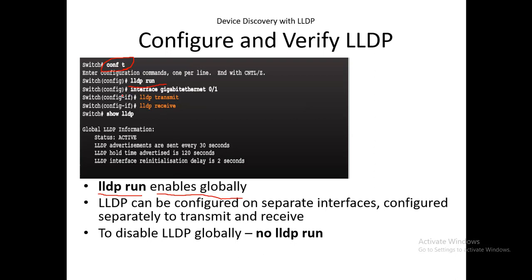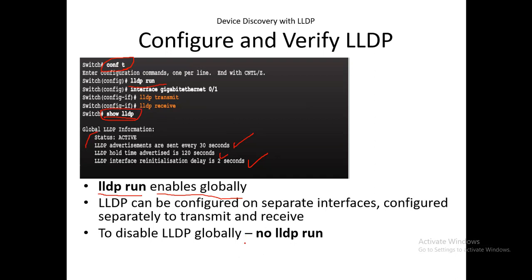And if you run this command, show LLDP, it will display the status, the advertisements, time and their periodicity, the LLDP hold time advertisement, as well as the reinitialization time or delay for this LLDP interface. So these are different commands that you can use for this LLDP.